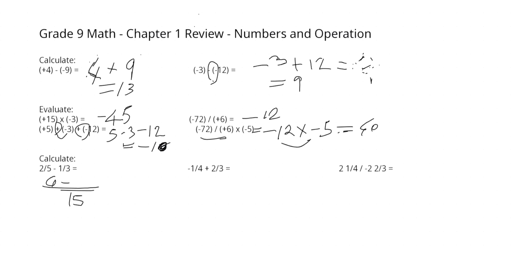So now we have both numbers using 15 as the denominator. This is almost the same thing as saying 6 over 15, and then you subtract 5 over 15.